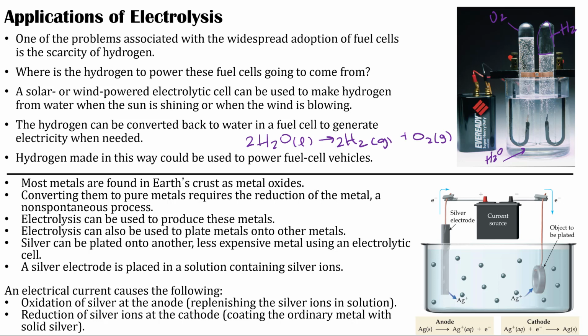That's because they use a current source and they put your object to be plated into a silver solution. And when they turn on the electricity, the silver ions then plate on top of the other metal object, whatever it happens to be. You then get the silver atoms to deposit on top of it, and then it's silver plated. So anytime something is silver plated, that's how they've done it.